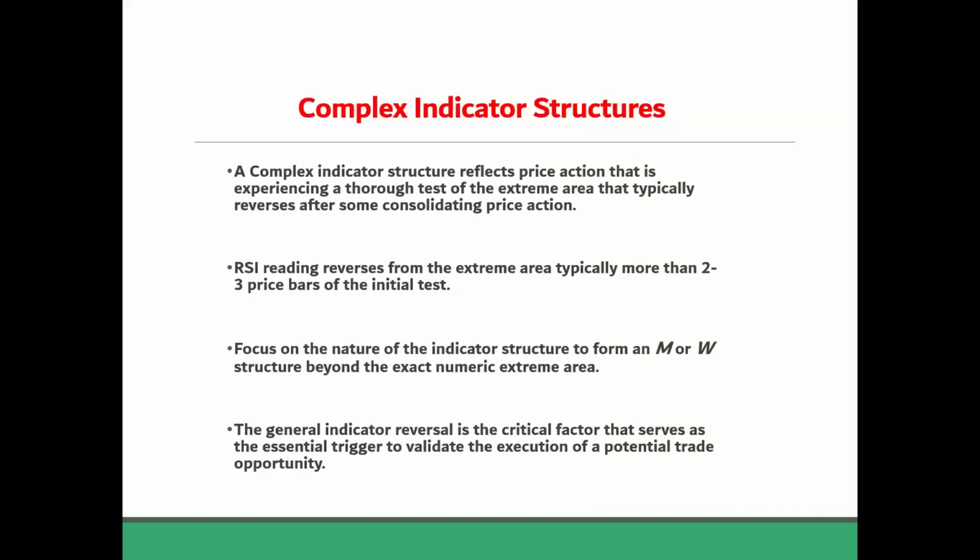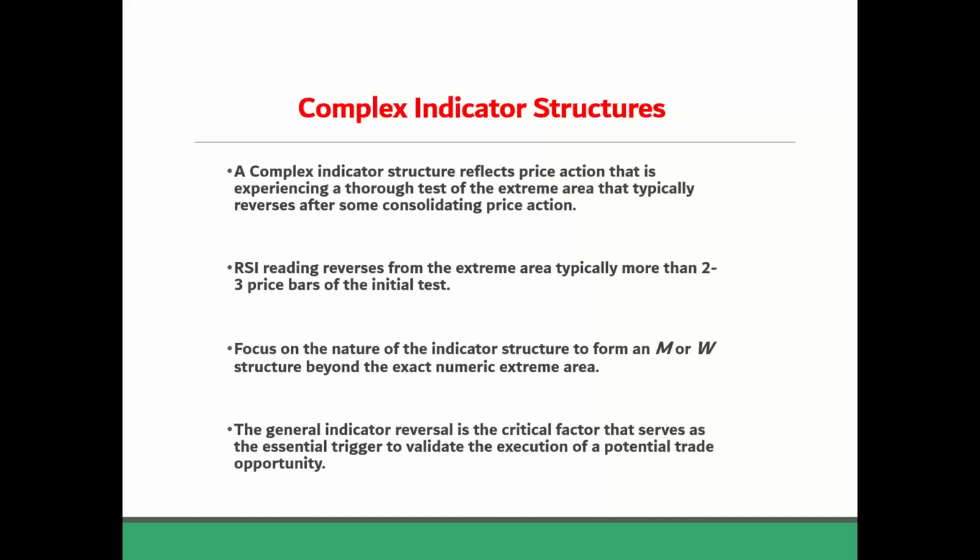But I found that the relative strength index didn't respond the same to every extreme. And that's where the complex structure, this M or W formation in the extreme, if it's RSI, if it's amplified, if it's something else, had a different significance. It required more time, and the resulting price response was usually different than an impulsive move.